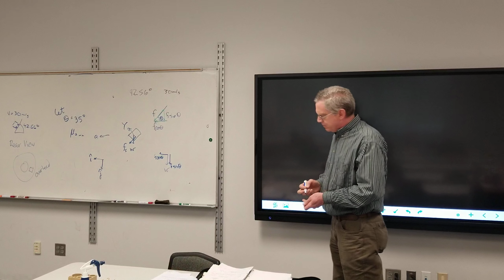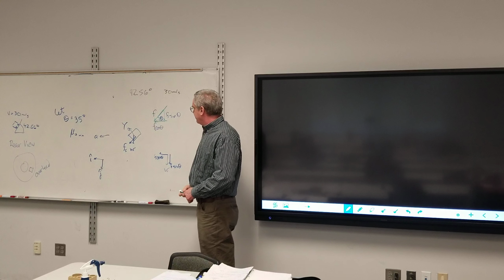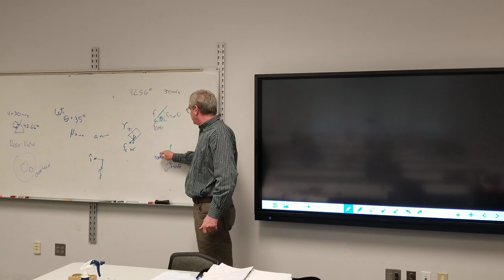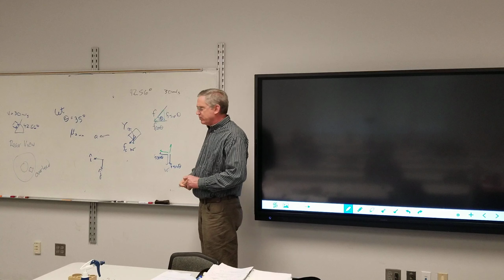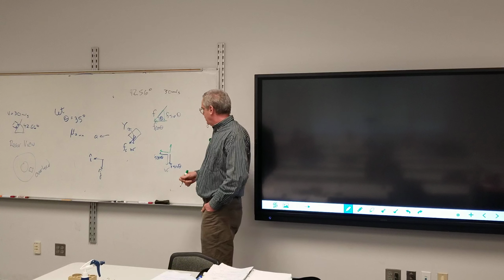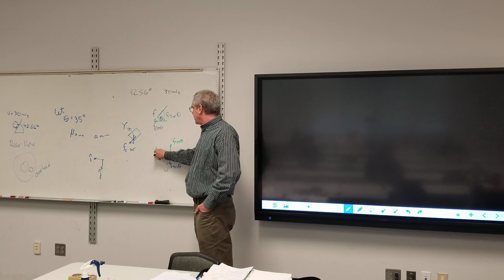My normal force is going up and to the right. In terms of breaking it up, my trig functions switch. So this will be y cosine of theta, and this one will be y sine of theta.